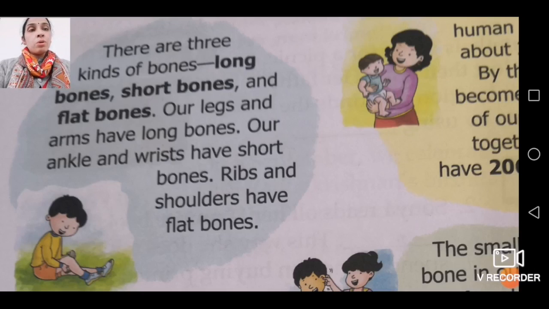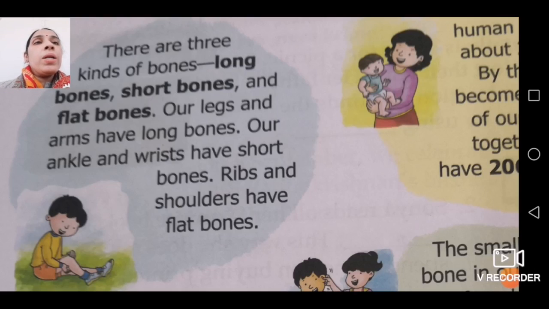After that, ribs and shoulder. Ribs work as a rib cage and help protect different parts of our body, like internal organs. Your heart and your lungs are protected by ribs. So ribs and shoulders have flat bones. That is very important, you all will remember that.